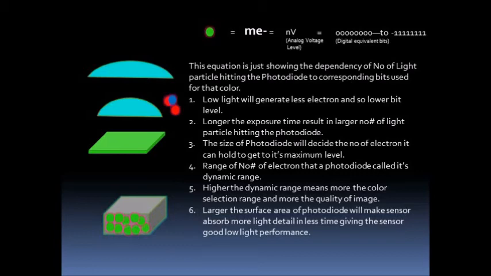So this is how we can think of how the size of the pixel actually determines the depth of color that we are able to capture from an object, and even in low light conditions, what the performance of the camera will be will also be decided by the size of the pixel that we are using.